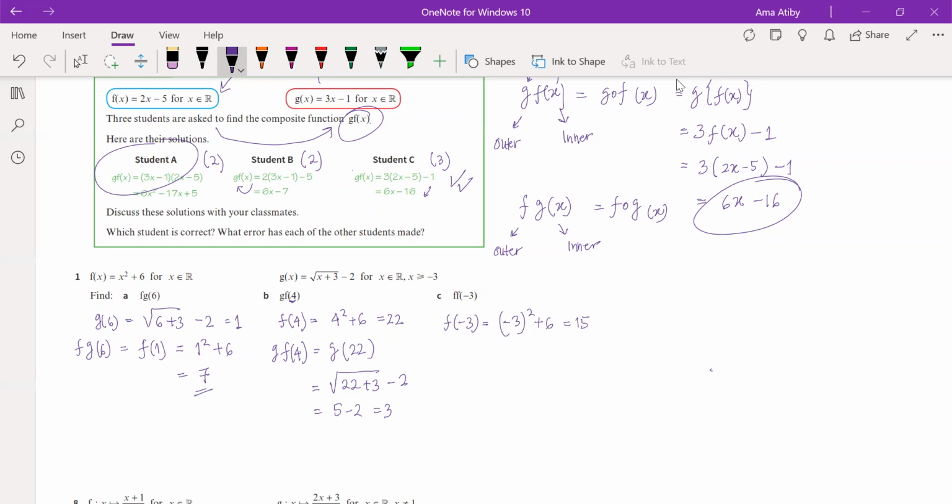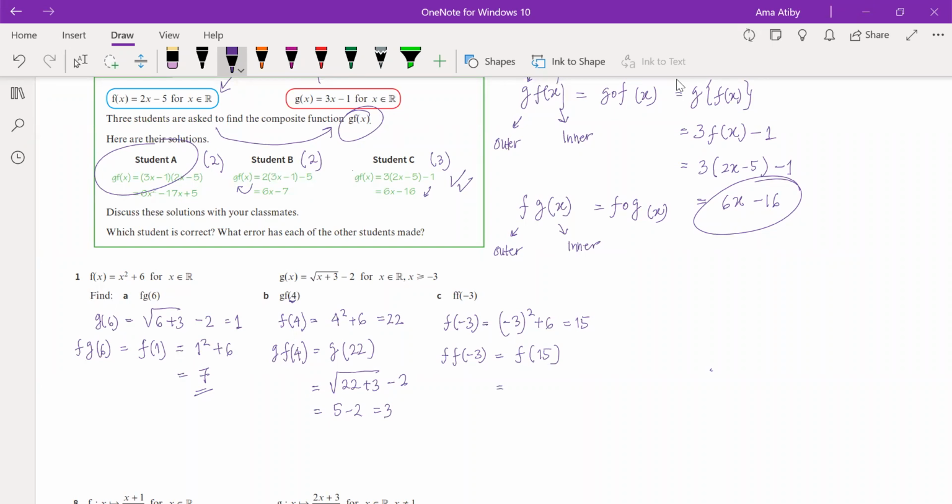After that, we are finding the outer. The outer is f of f of negative 3, which means it is f of 15, because we already got the inner. f of negative 3 is 15. So f of 15 is, we are changing the x in the function of f with 15.